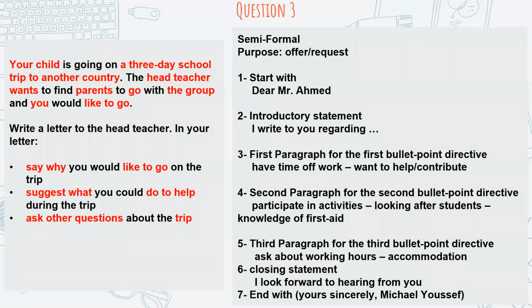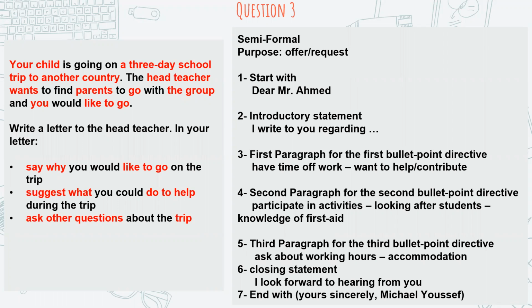Start with maybe "Dear Mr. Ahmed," then your introductory sentence: I write to you regarding or with regard to something. For the first bullet point directive, you need to come up with, as we said before, a few key words. Have time off work, want to help or contribute.